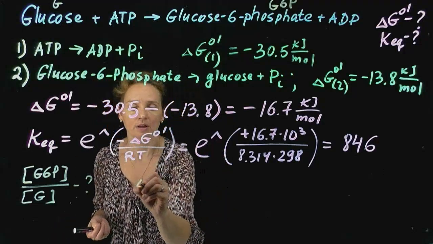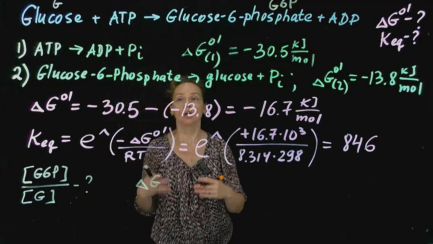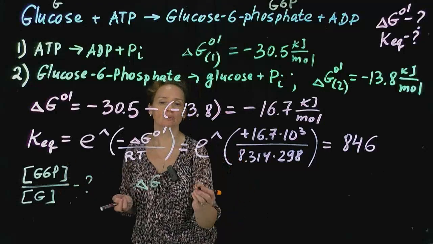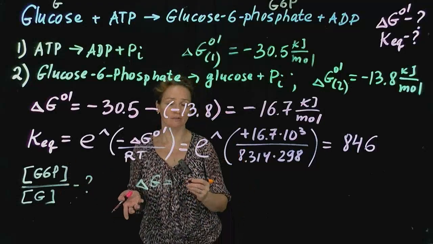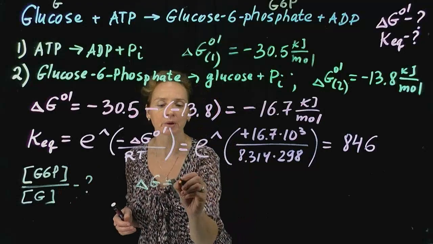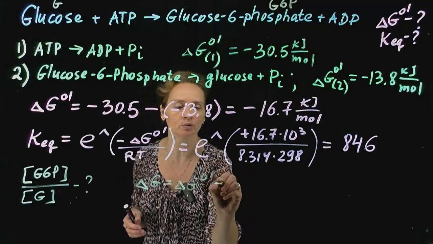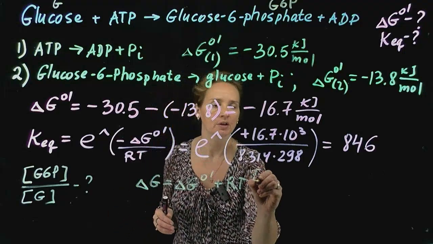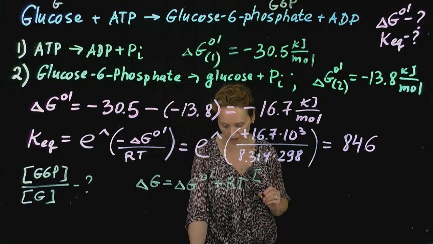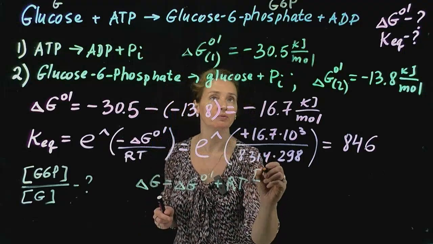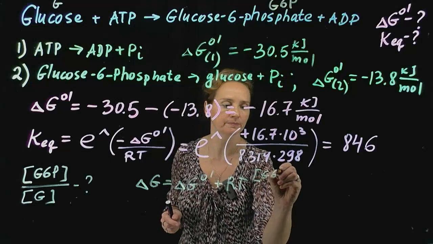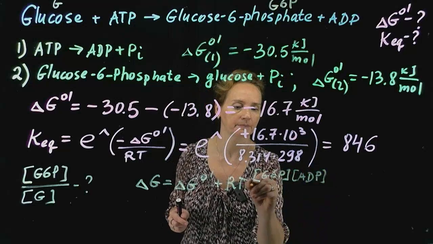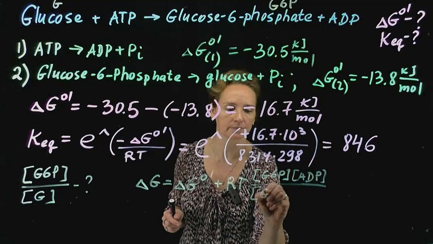We know that for the reaction to be spontaneous or thermodynamically favored under any given conditions, we can calculate the free energy change based on two terms, the standard one and the one that depends on the concentrations, the ratio between the concentrations of the products and reactants.